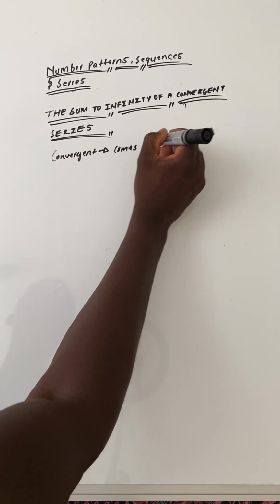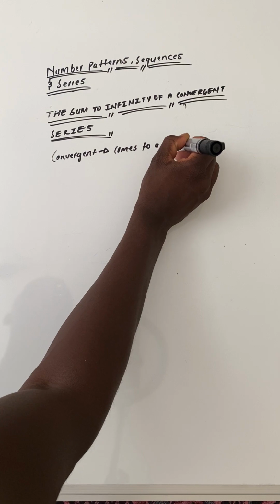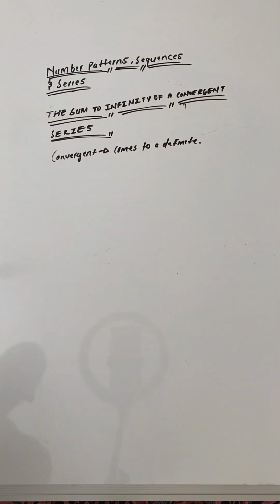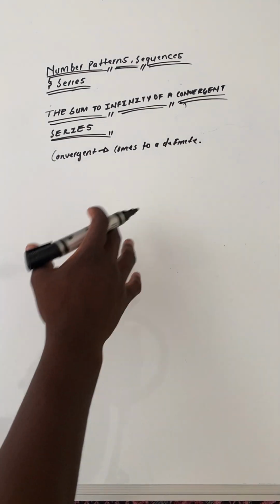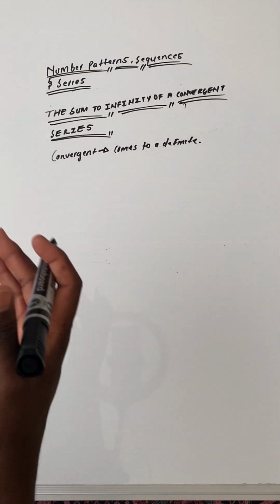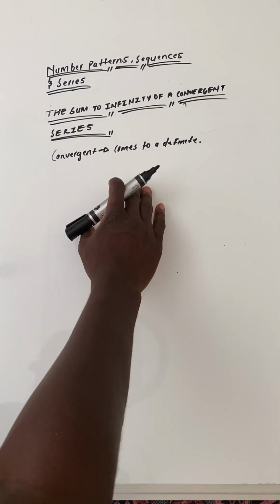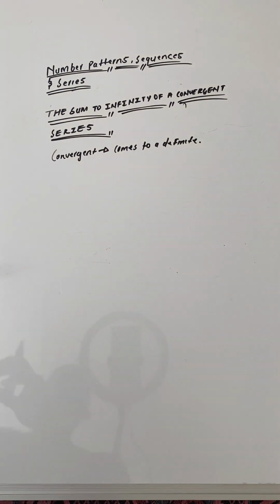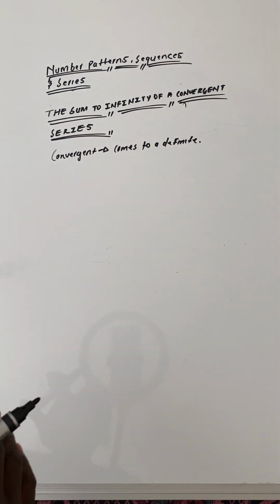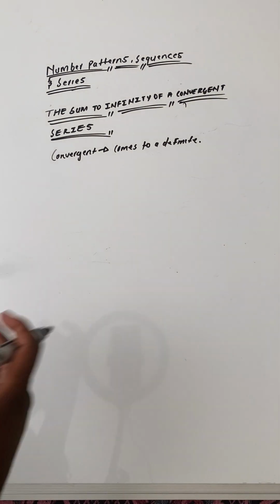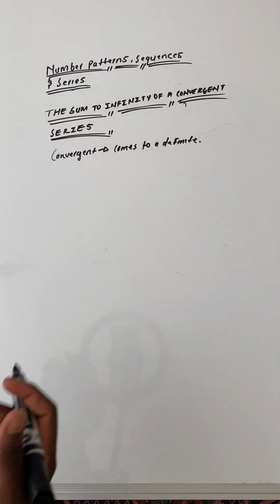The sum of the series comes to a certain number, and once it gets to that number, it no longer continues. So if the sum of the series is converging at 1, it means that even if we sum to 1 million terms, it would still equal 1, no matter what happens, because the limit is now 1. I hope this will make sense as I continue to explain.